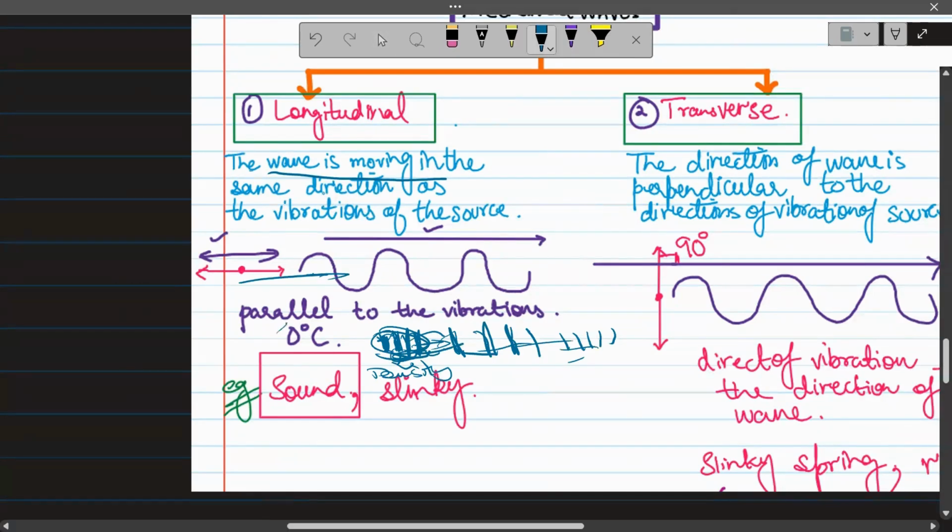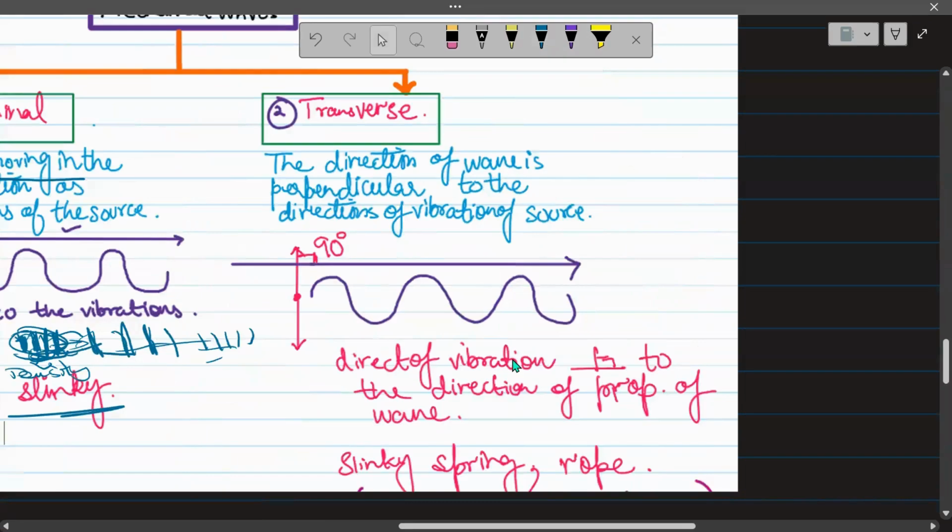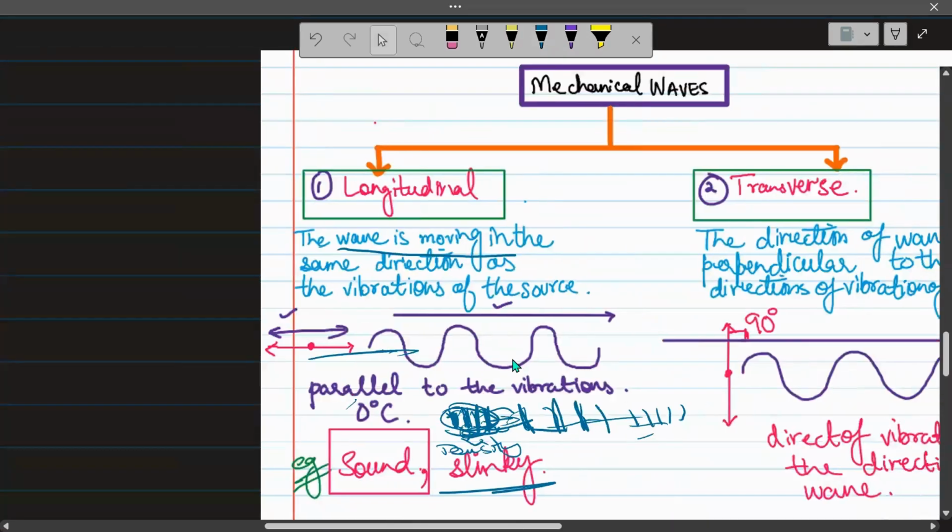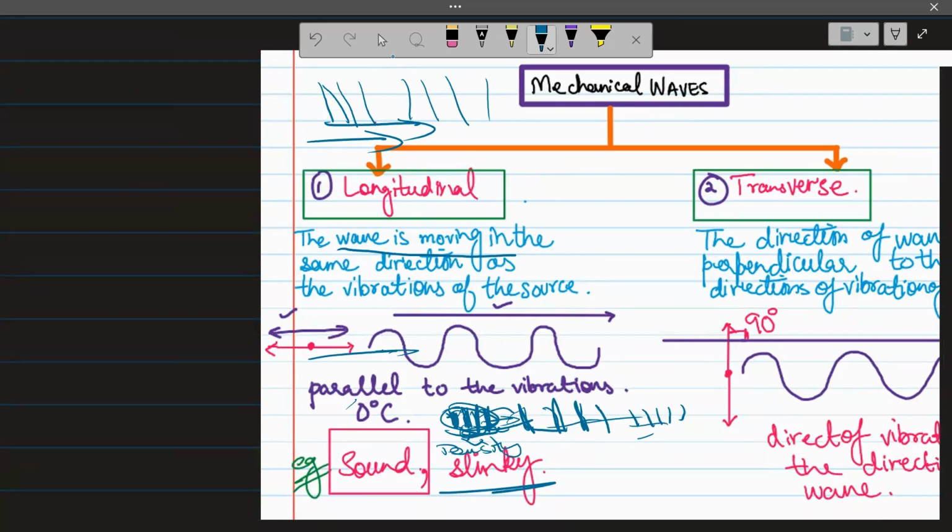A slinky can also be an example of a longitudinal wave. This is a sound wave, and in this the wave is going this way, and the vibration is also going the same way. So the basic definition we get is that it is a type of wave in which particles move parallel to the direction of the wave.